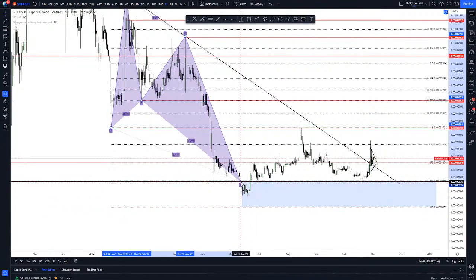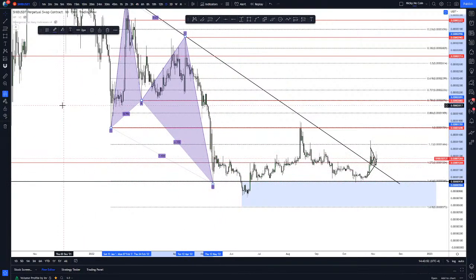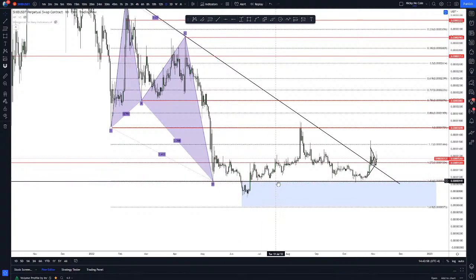But you really saw at the 1.414 area is where we found support, at this 1.414 fib. So right here is where you really found the support. So that's why I have it marked off. You wicked into it here, you dropped below, and then you came back and you found it as support.